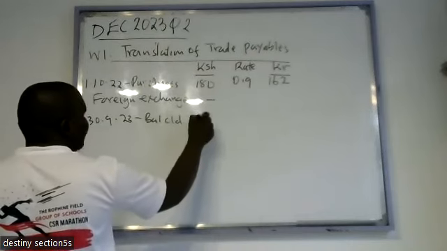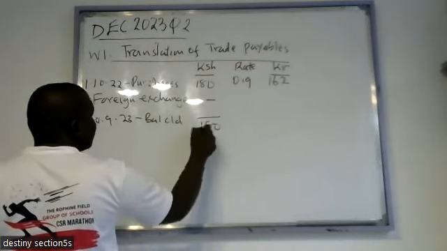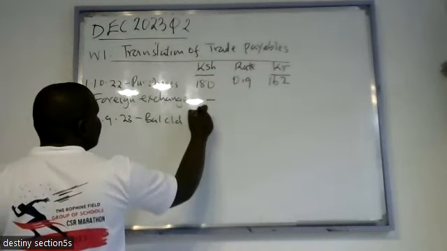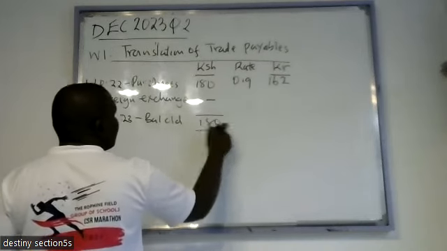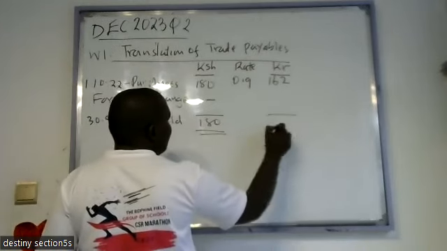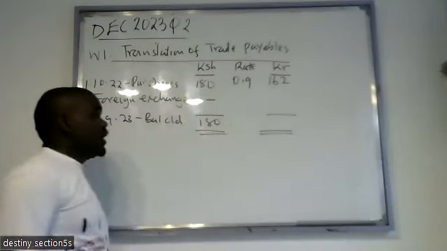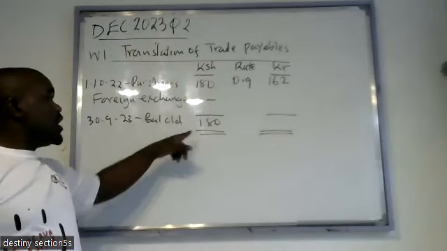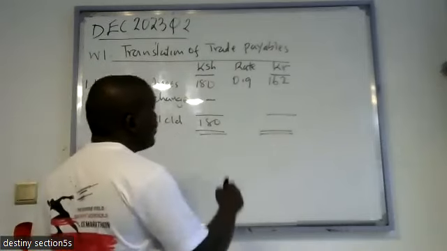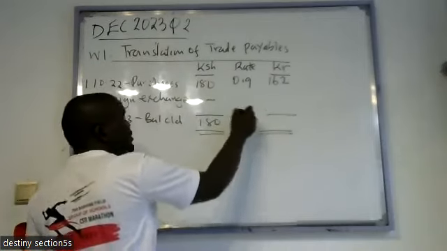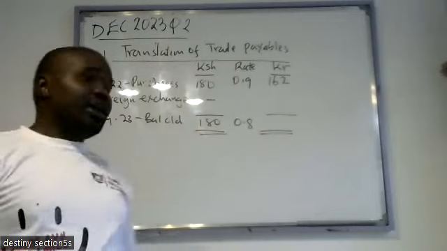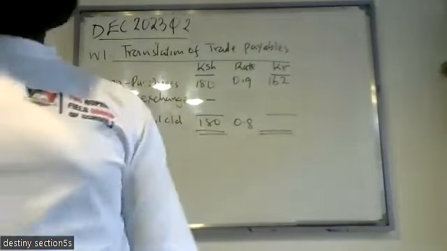Of course, nothing has happened, so this is 180. At the end of the year, I would want you to translate 180 at 0.8. So can you multiply 180 times 0.8? What will you get?